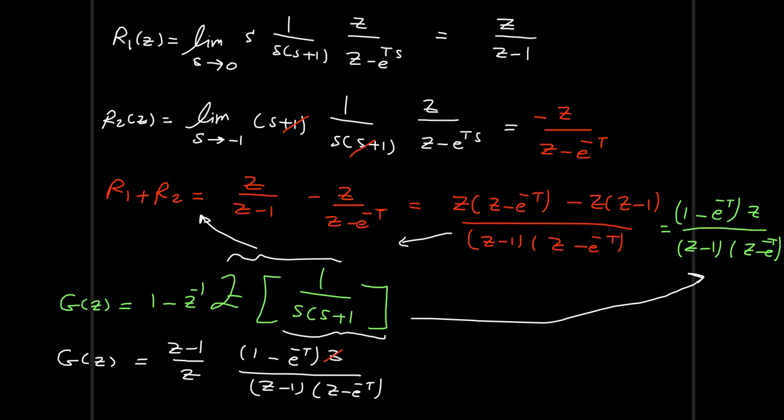So if we simplify, this will equal (1 minus e^-T) over (Z minus e^-T).